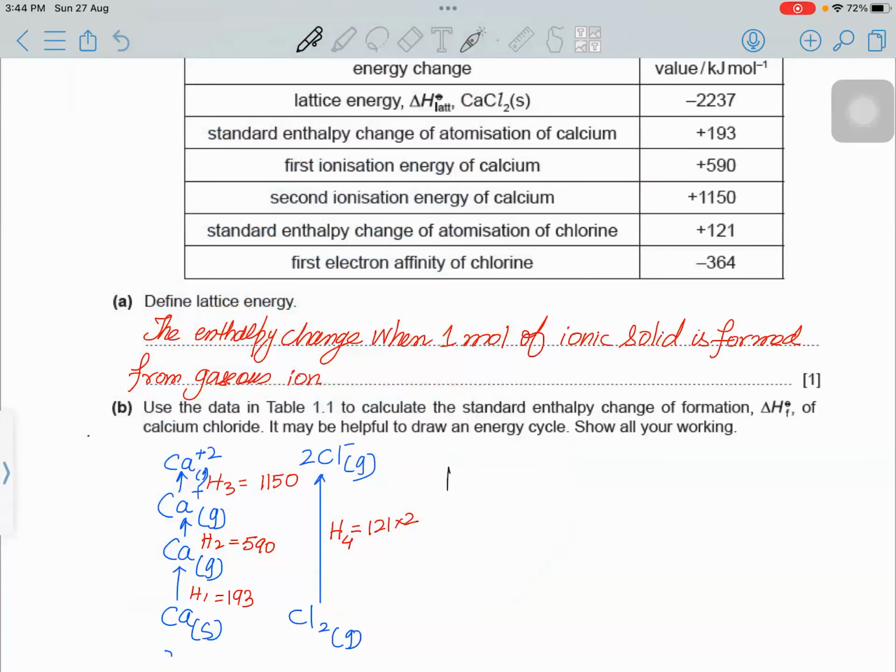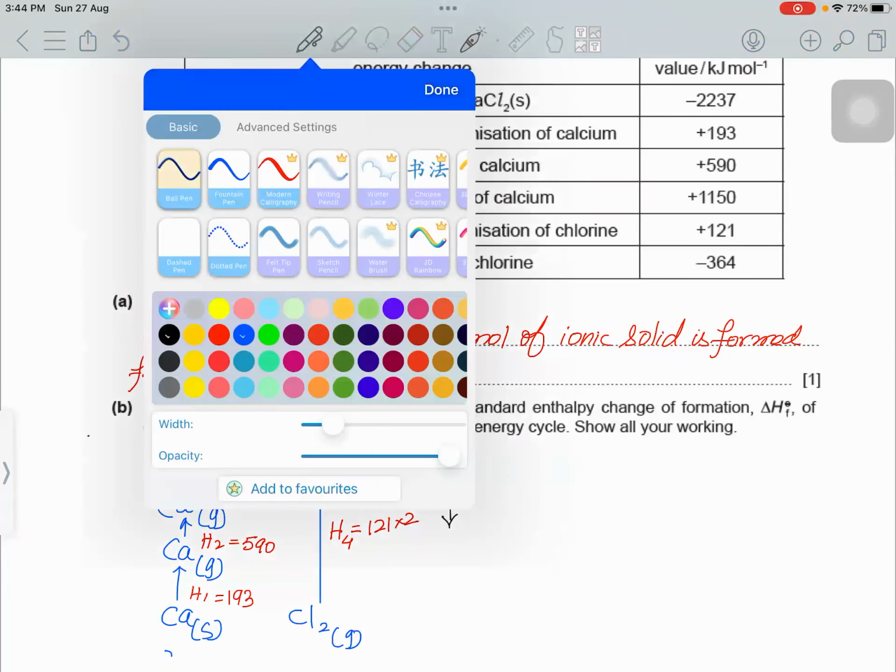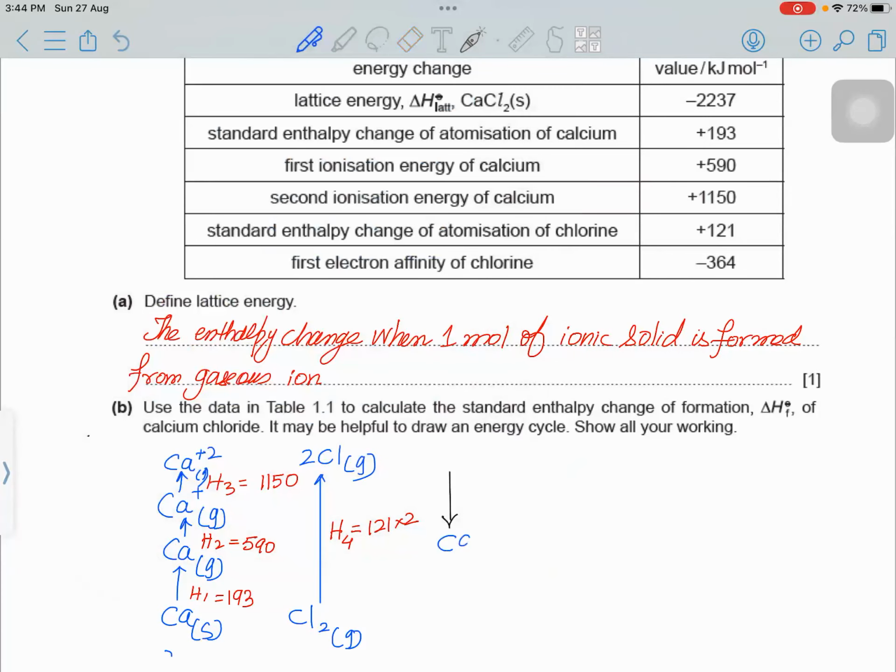Now combine these two. This is atomization. Now convert into chlorine minus 2. This is H5.